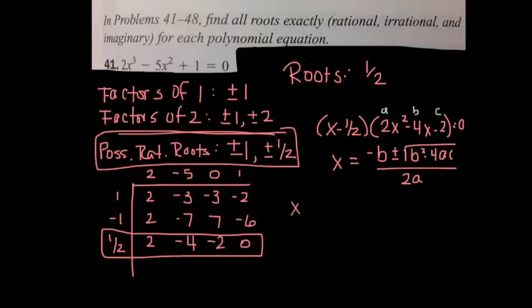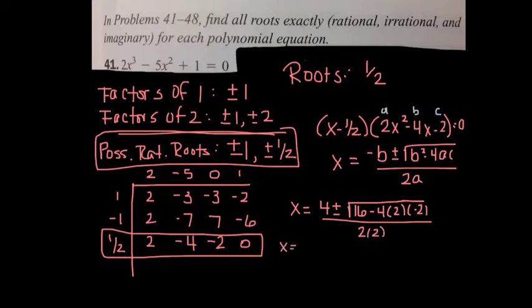If I plug those values into the formula, the opposite of b is -4, so the opposite of that is +4, plus or minus the square root of b squared, so -4 squared is 16, minus 4 times a is 2, and c is -2. All over 2 times a, so that's all over 2 times 2.